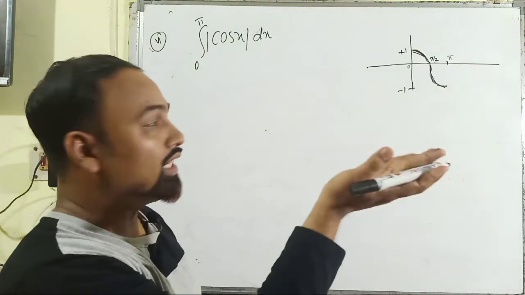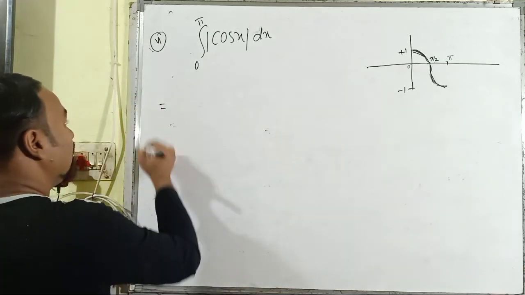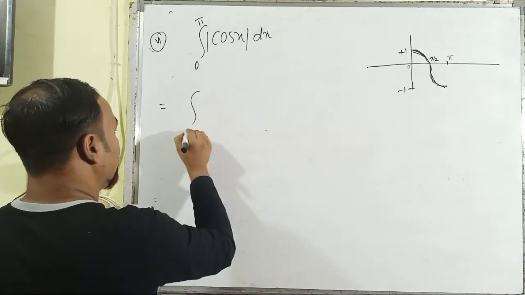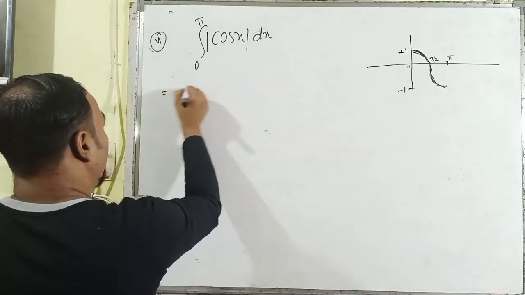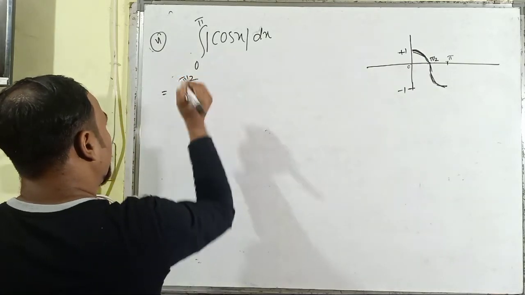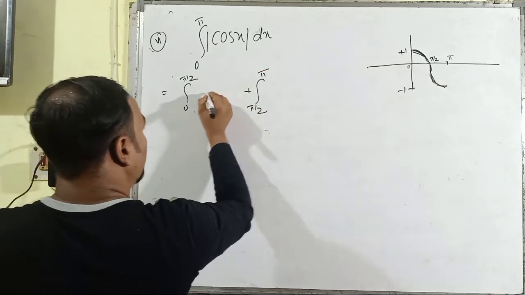That means it gives the negative interval to us. So we can separate these intervals in two factors. One is 0 to pi by 2, and the second one is pi by 2 to pi.